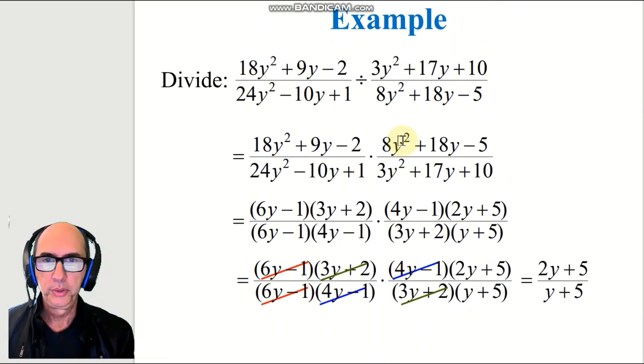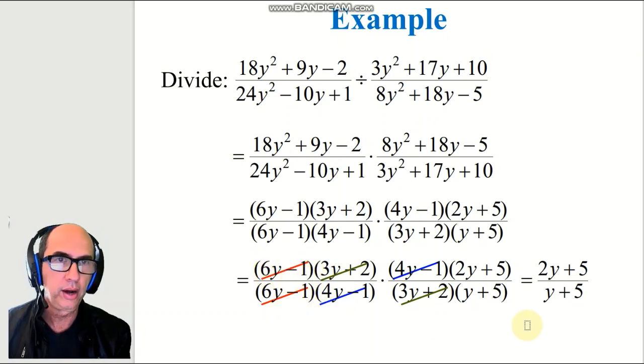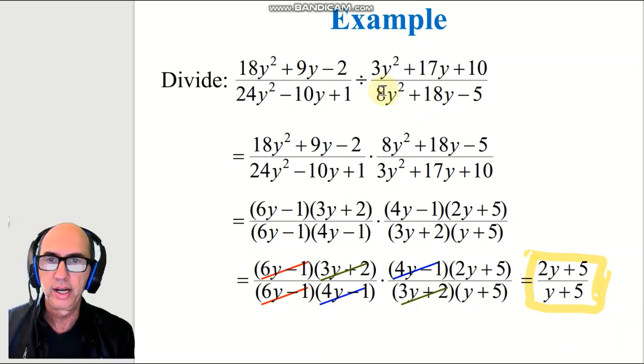You do the keep, change, flip, you factor out each one of the numerators and denominators, you find all the factors that are common on the top and on the bottom to cancel out, and the final answer is 2 times (y plus 5) over (y plus 5). That's the final answer.